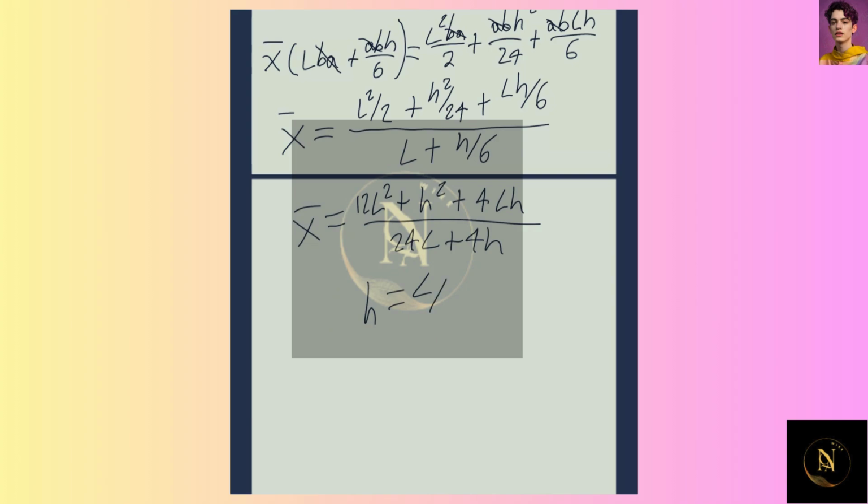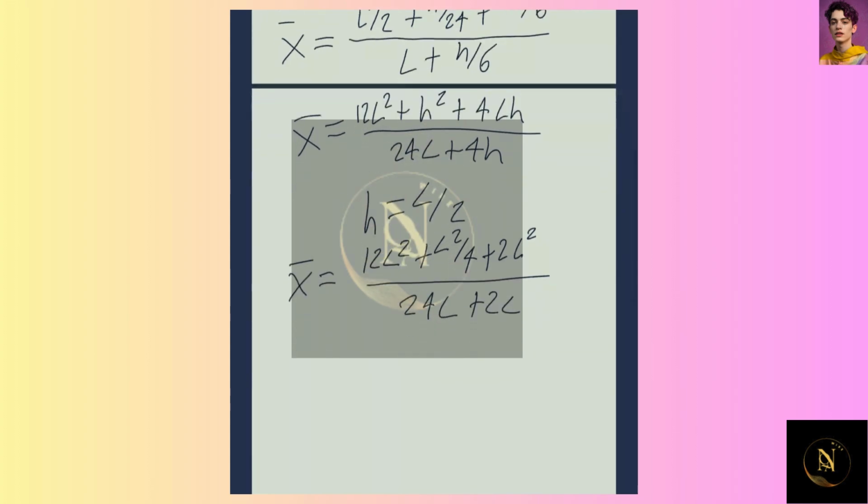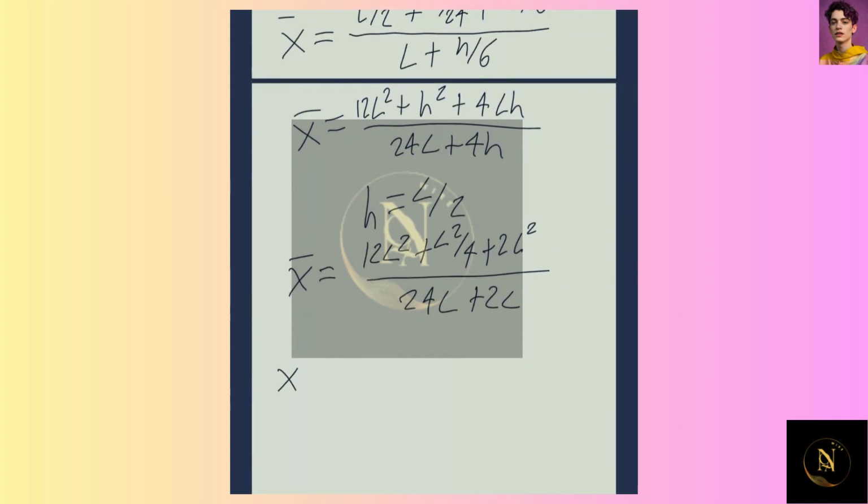And given in the problem, we know that H is equal to L over 2. So plugging that in, we get that the centroid is equal to 12L squared plus L squared over 4 plus 2L squared all over 24L plus 2L.